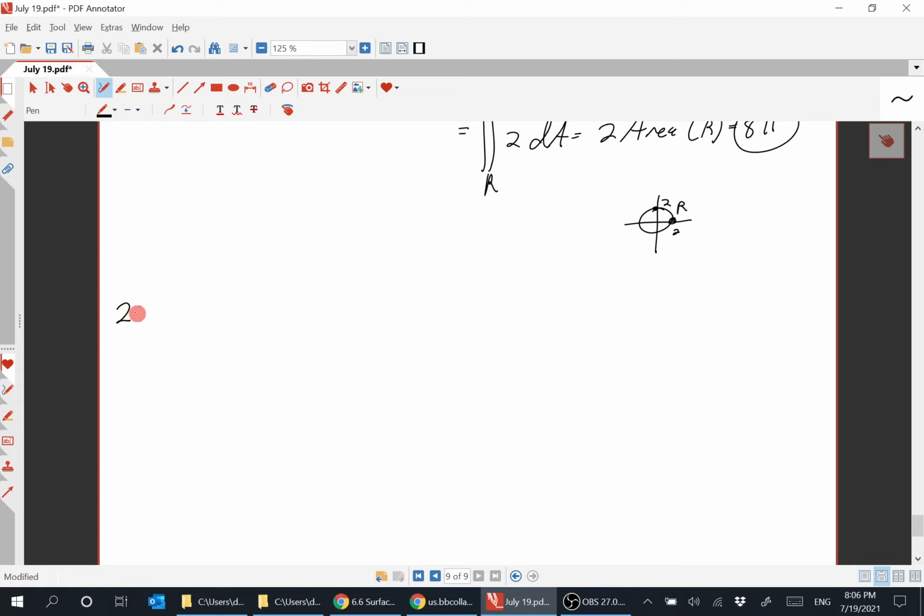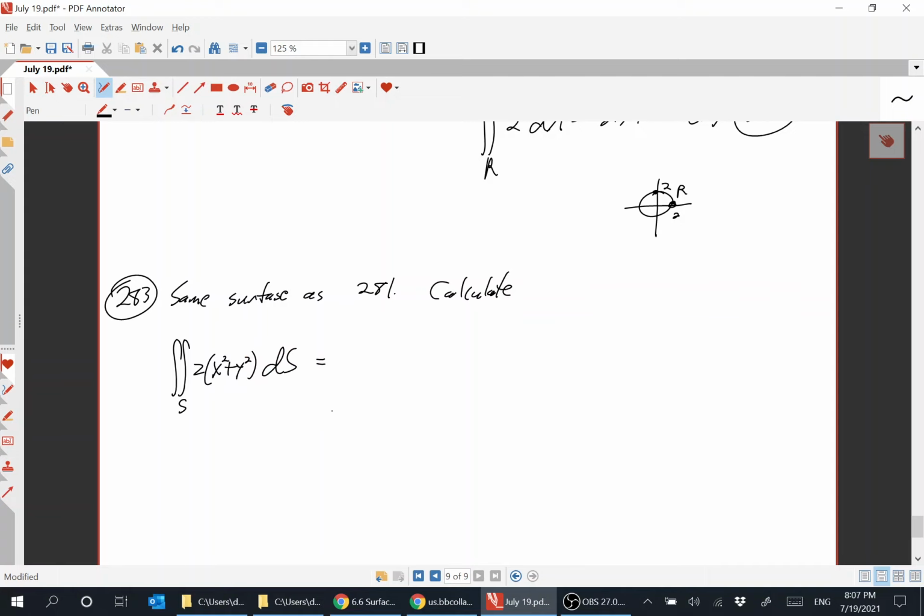So 283, same surface as 281. Calculate the surface integral of z times x squared plus y squared dS.